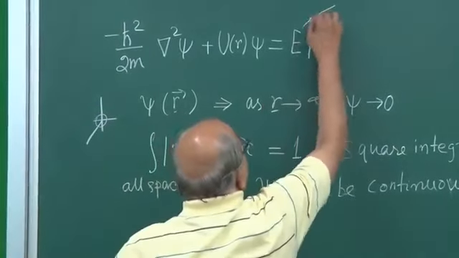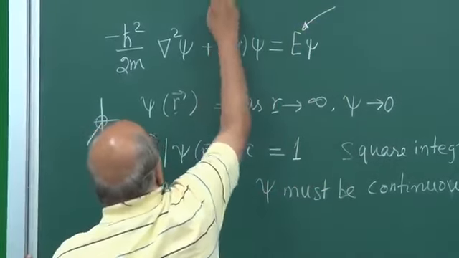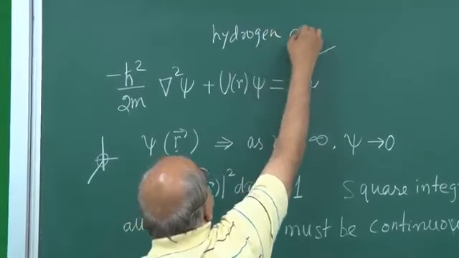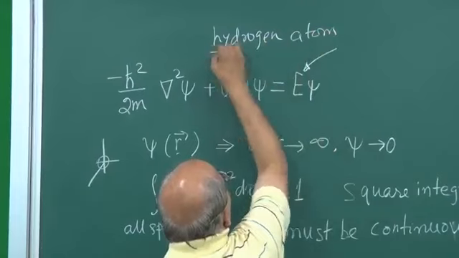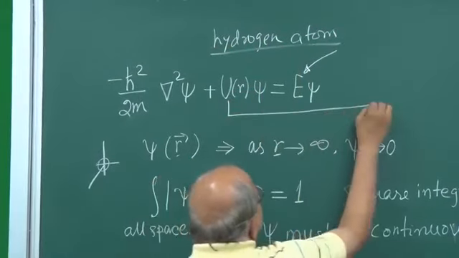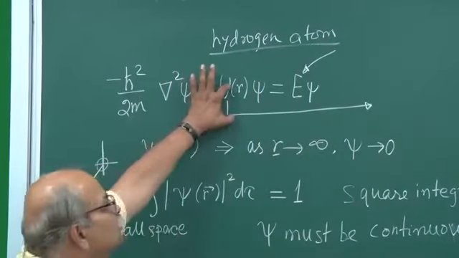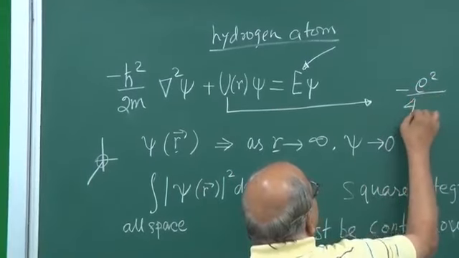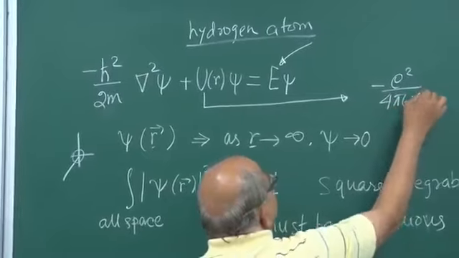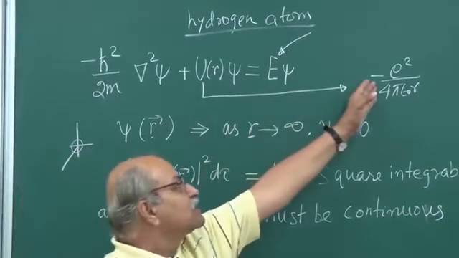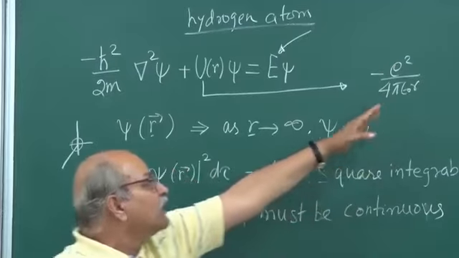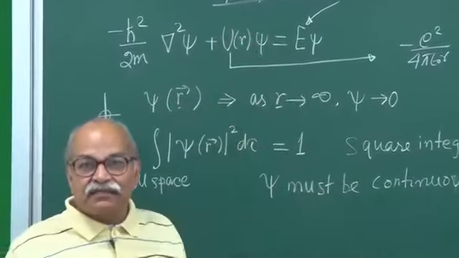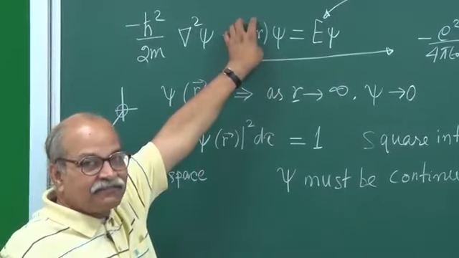Suppose I am talking of the hydrogen atom, the electron in a hydrogen atom. That means this U(r) that I am writing is minus e squared over 4 pi epsilon naught r. Once I write that, I am talking of the hydrogen atom. If I am talking of something else, then this U(r) will be different.